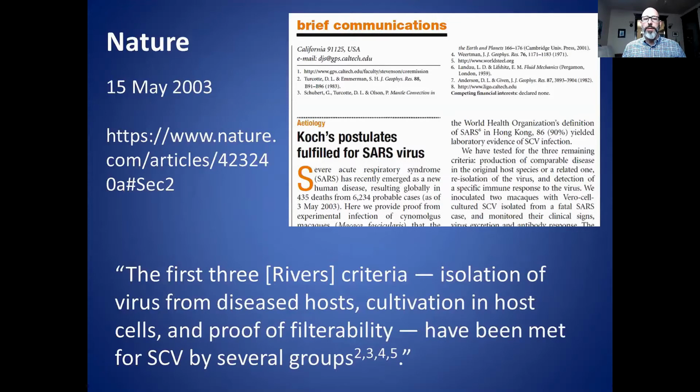Okay, so let's get back to this Nature article now that we've reviewed the background information. It goes on to say that the first 3 Rivers criteria, which are number 1, isolation of the virus from a diseased host, number 2, cultivation in host cells, and number 3, proof of filterability, have been met for the SARS coronavirus by several groups. And you see at the bottom these footnotes 2, 3, 4, 5.